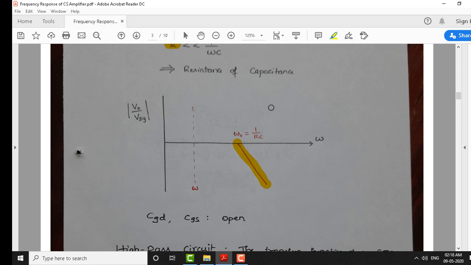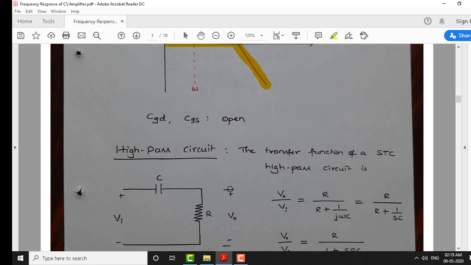So this Bode plot clearly shows that for omega less than omega naught, in this region especially, the capacitances CGS and CGD will behave like an open circuit here. So this response shows the Bode plot of a common source amplifier. This is one model of the overall frequency response of a common source amplifier.